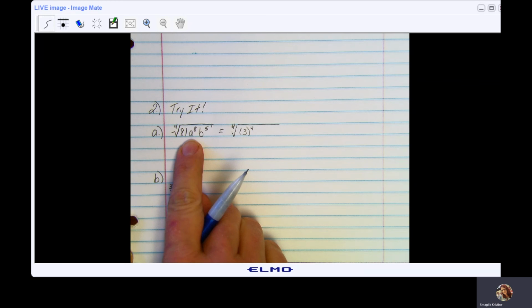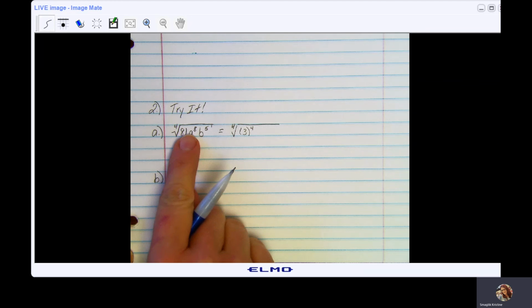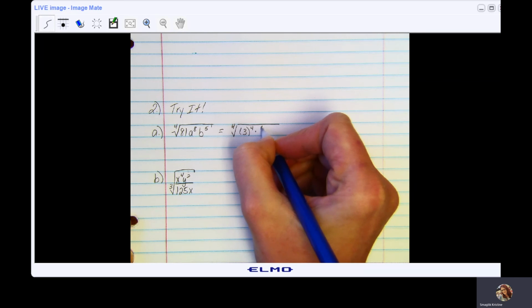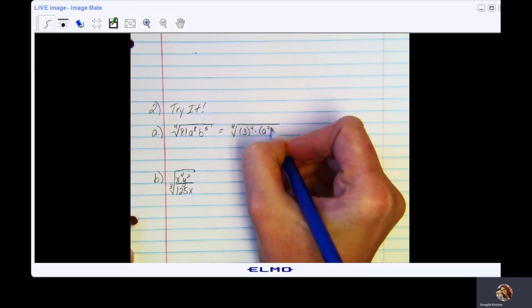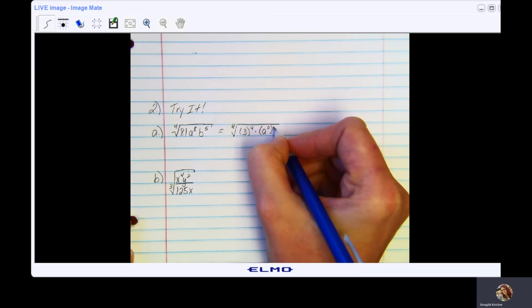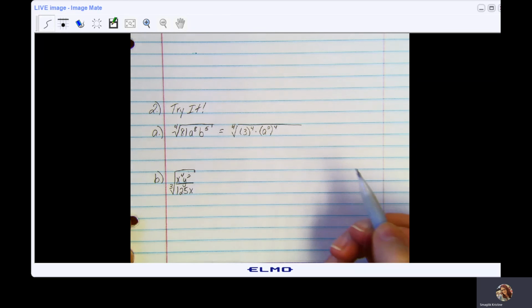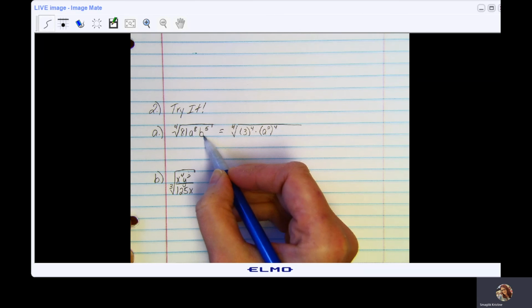Next up, I have a to the 8th. Well, how many sets of 4 a's can I get out of 8? Well, if you just take 8 divided by 4, that's 2. So that means I would have a squared raised to the 4th power. And again, think about it this way too. Applying your power of a power property, you would multiply exponents. 2 times 4 is 8. Now b to the 5th.